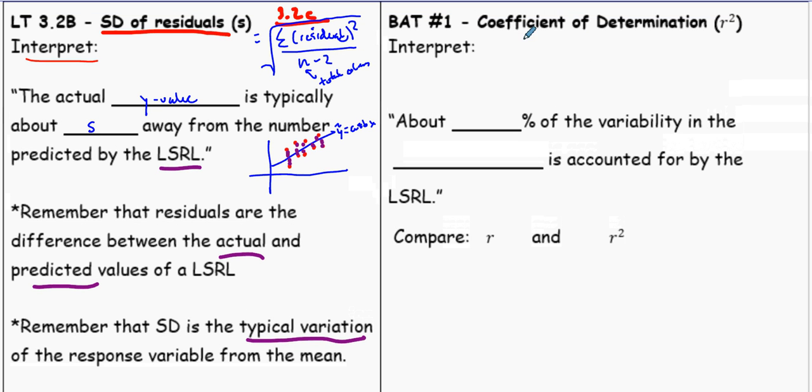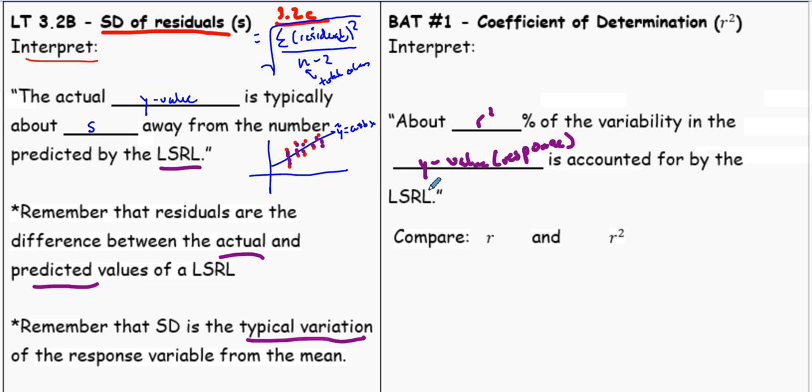Now, other things we have to know is the coefficient of determination, which is our R squared value. If you went through the lesson on finding R squared, we know we can interpret this as: about R squared percent of the variability in our Y value, our response variable, is accounted for by the least squares regression line.